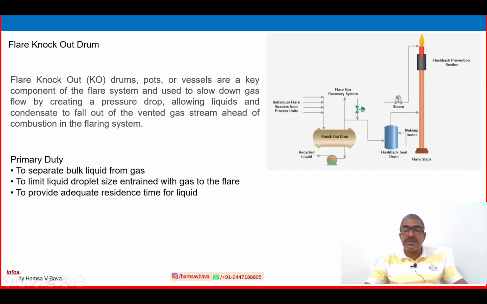What is incomplete combustion? The forming of carbon monoxide, CO, instead of CO2. So this is one of the reasons we are making sure that all liquids are removed. Of course, the liquids mean it's oil, so related to cost also we can say. So these are some of the many other reasons also.